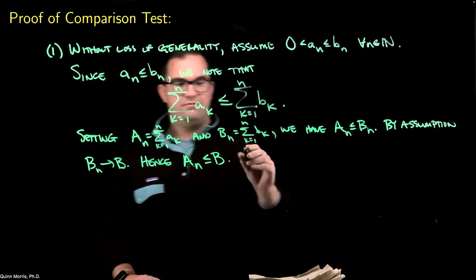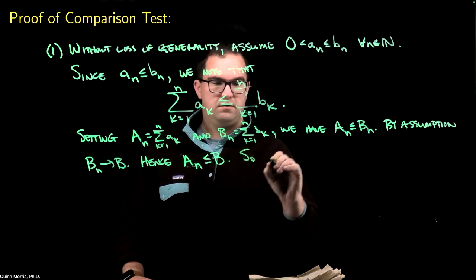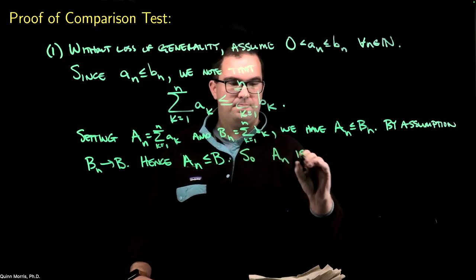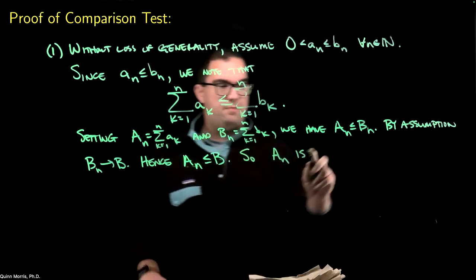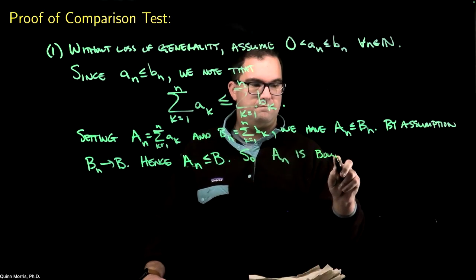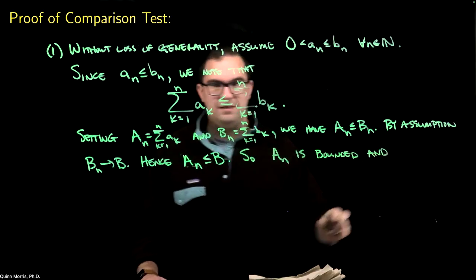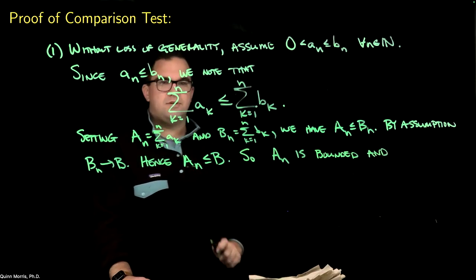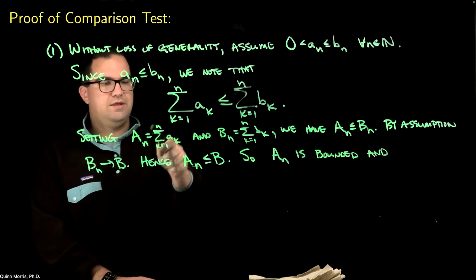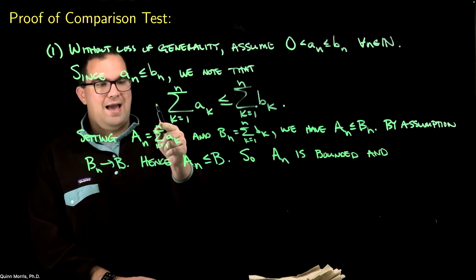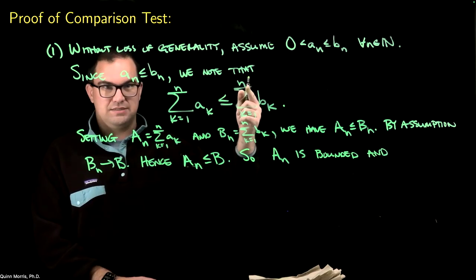But now what do we have? If I look at AN, it's bounded above by B, and it's also monotone increasing. Now, why is it monotone increasing? Well, every time I add on one more term, that term is positive.